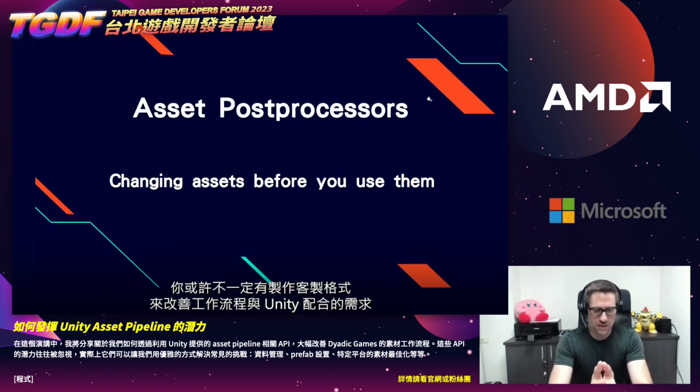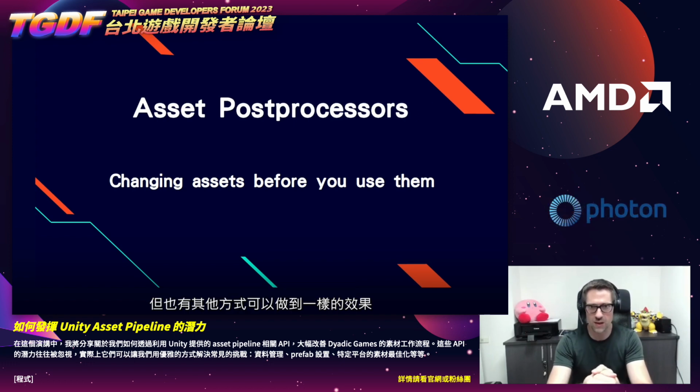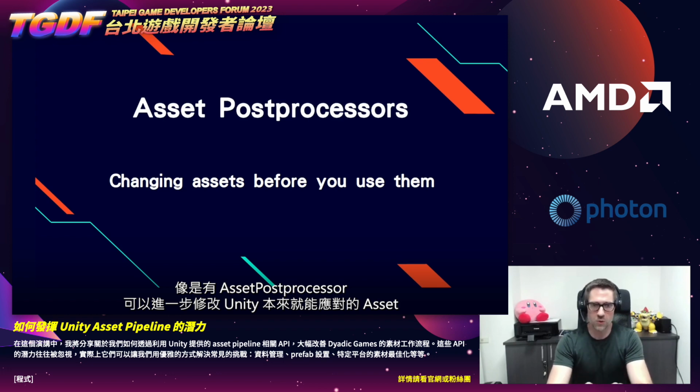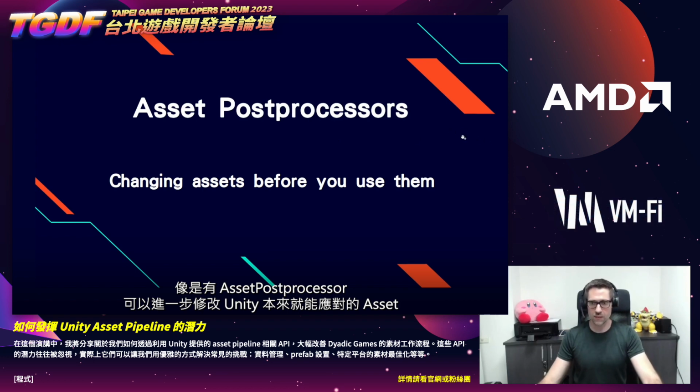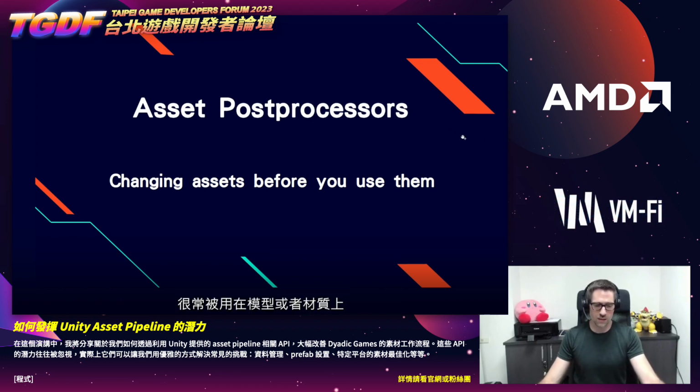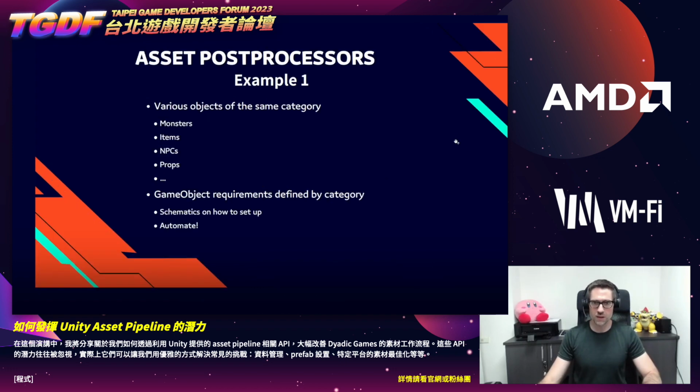You might not always have the requirement of introducing your own custom asset formats just to get your workflow to be more compatible with how Unity works. There are also other ways of doing it. For example, using asset post processors to further modify assets that Unity already can handle, most likely models and textures or any other kind that might be relevant.